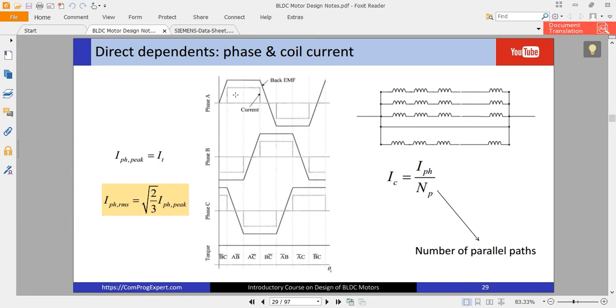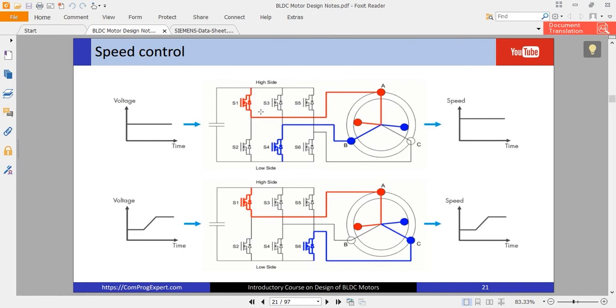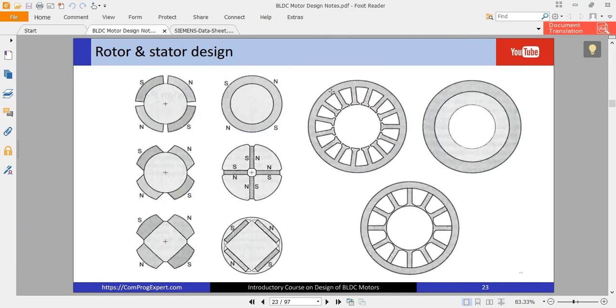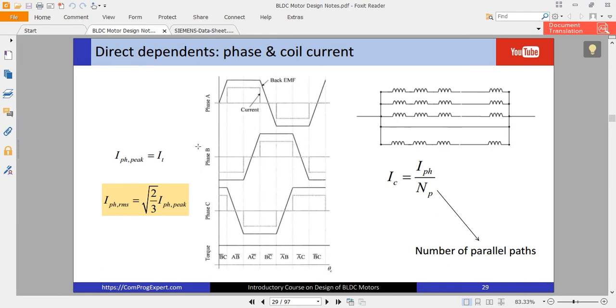For example, in this interval, the current of phase A is equal to IT, the terminal current, and phase B is equal to negative of IT, and the current of phase C is 0. So these two coils, phase A and phase B, for example, in this case, are in series, and the current is equal to terminal current. So the peak value of terminal current is equal to the peak value of phase current. Okay, we have this equation here.